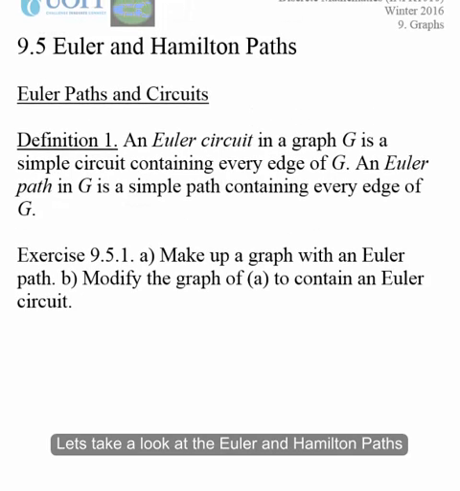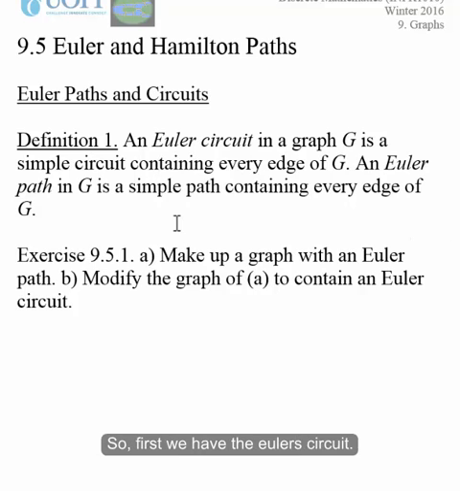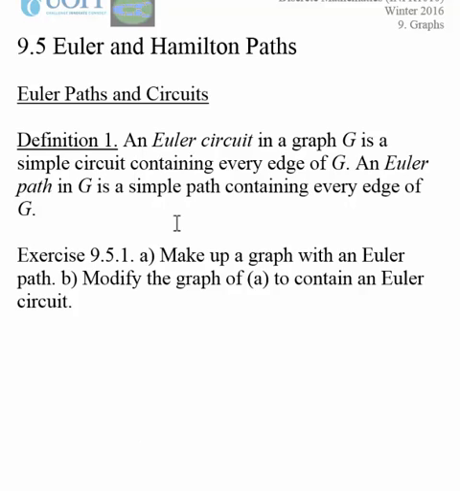Let's take a look at the Euler and the Hamilton paths. So first we have the Euler circuit. The Euler circuit traverses every edge of G and then arrives at the initial vertex.